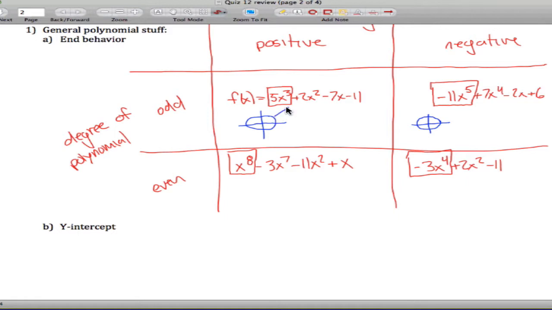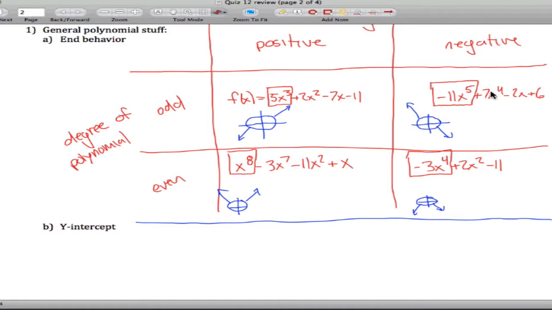Either it goes up when you go to the right and down when you go to the left, or it goes down when you go to the right and up when you go to the left. Or it could go up to the right and up to the left. And finally, it could go down to the right and down to the left. So these are the only four possibilities for end behavior of polynomials.